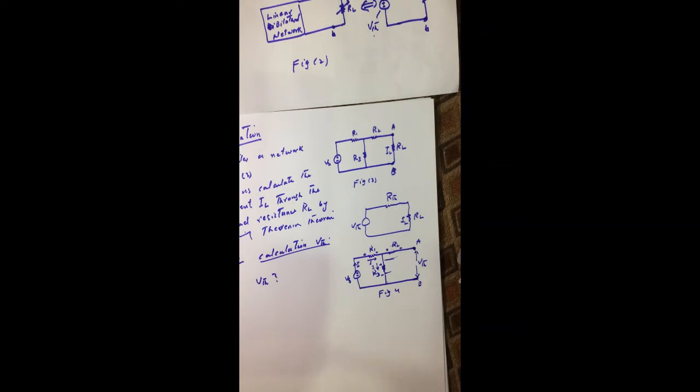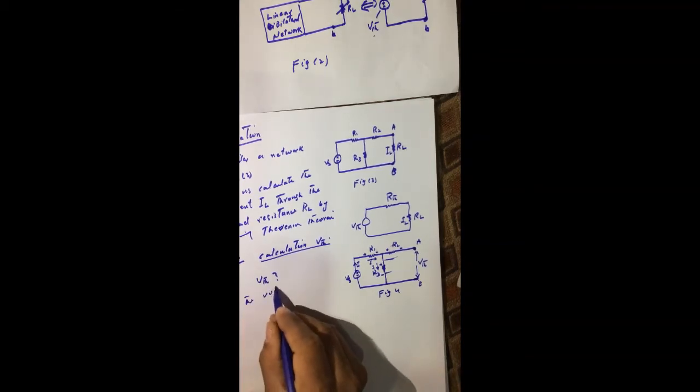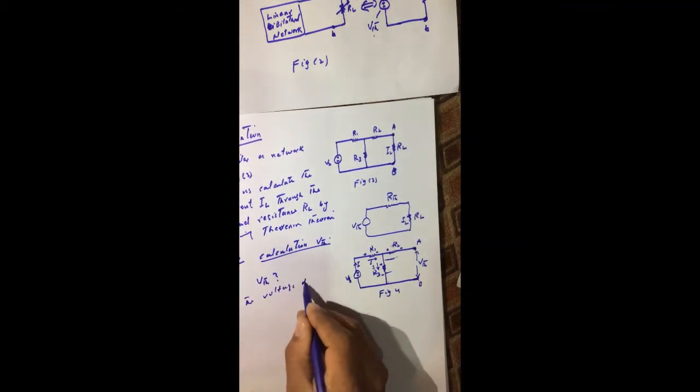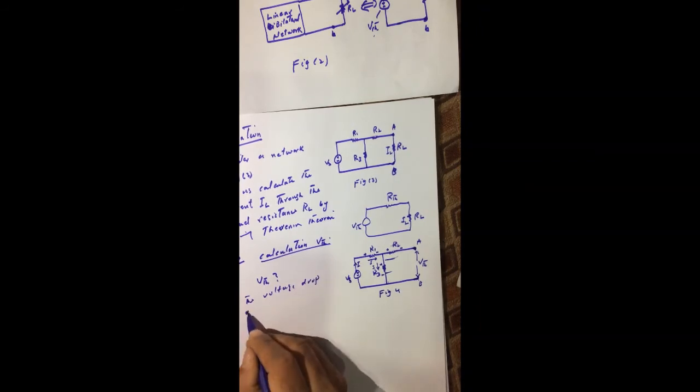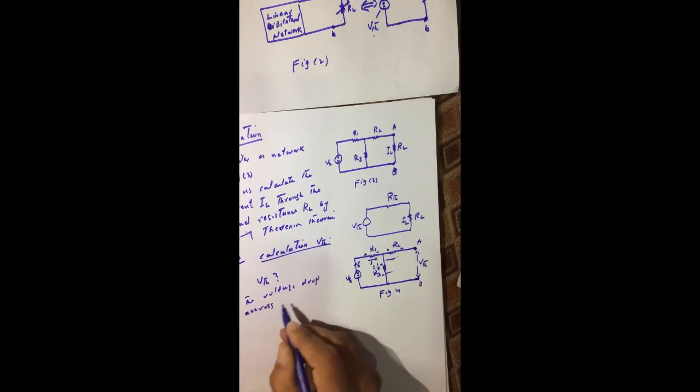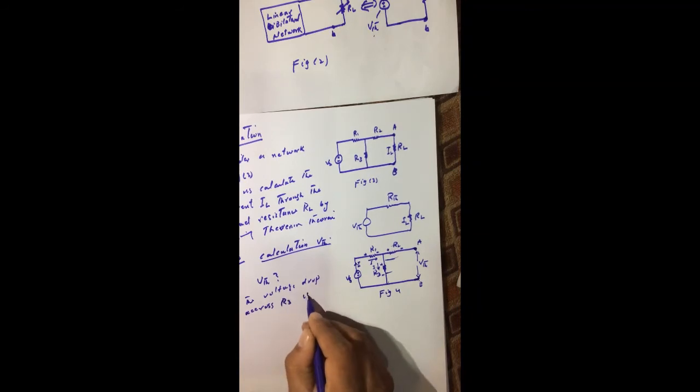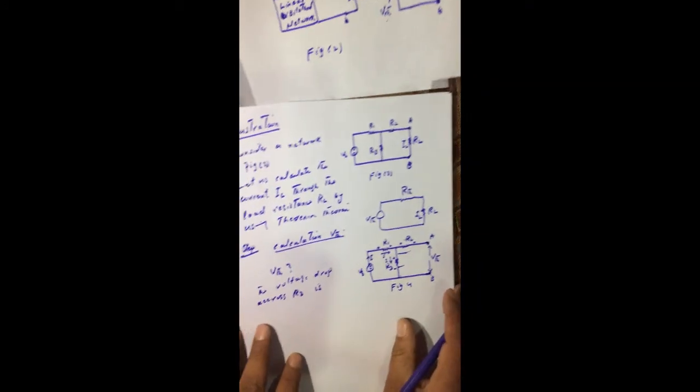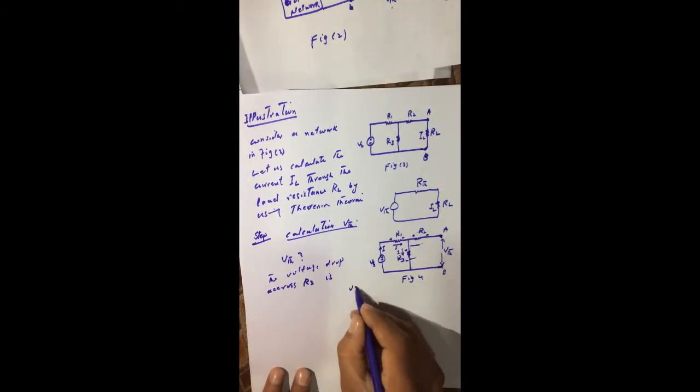Now the voltage drop across R3, using Ohm's law, is very simple. We know Ohm's law is V is equal to IR.